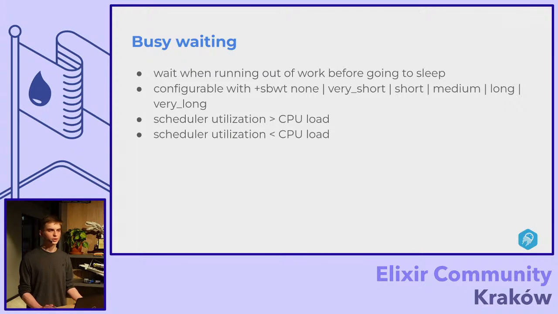This scheduler utilization doesn't include busy waiting, which means that it can be lower than CPU load. Because CPU load, of course, will include busy waiting as we are consuming some CPU cycles, but scheduler utilization will not.